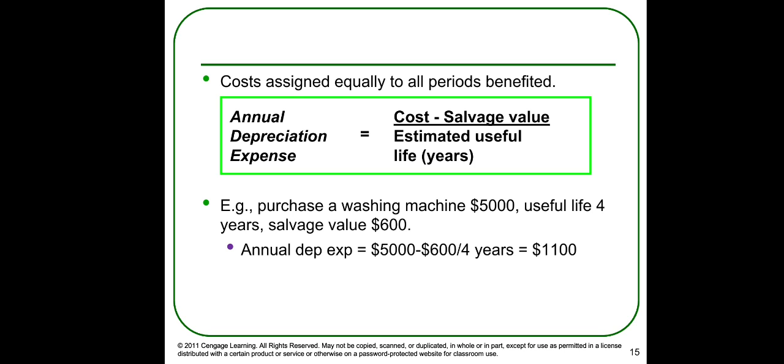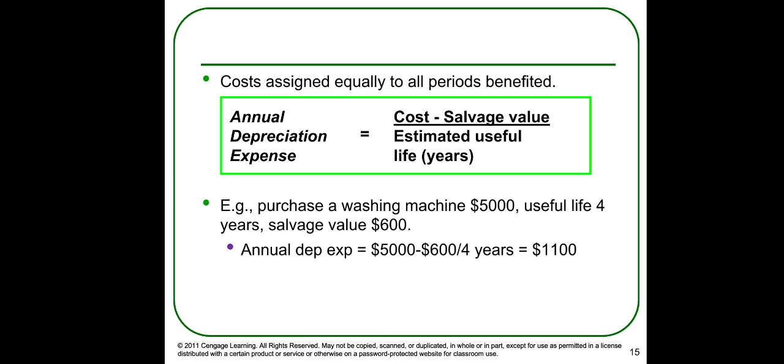So to calculate the depreciation expense or the amount of depreciation, the formula can be seen in the green box. The formula is cost minus salvage value divided by estimated useful life of the asset. See, so there is an example here.